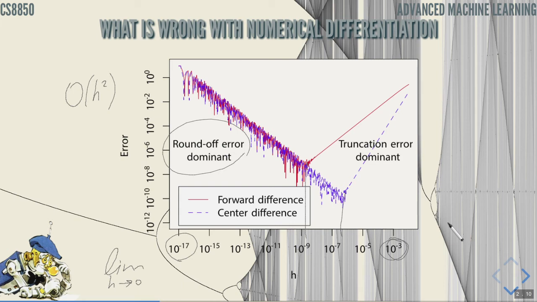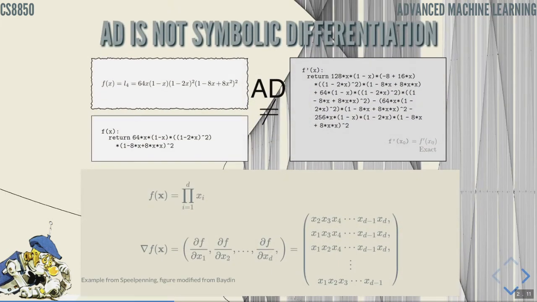AD is not doing numerical differentiation, doesn't do this approximate derivative by differences. So it is also not doing what the symbolic differentiation would be doing. We're still considering that map at step 4, and what we could do, we could represent this map as a function f of x that returns this expression calculated, evaluated at these values.